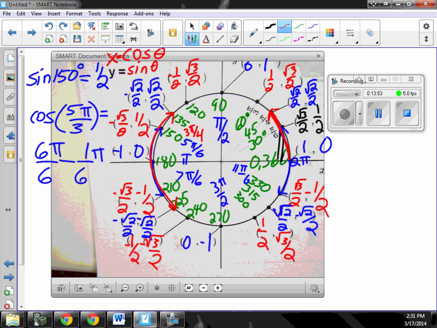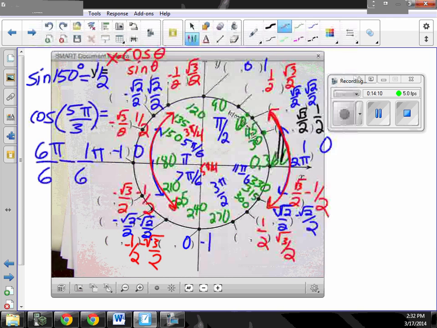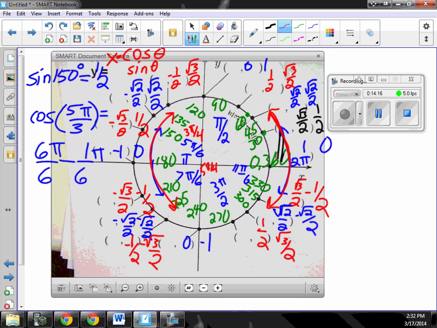So 1 is 4 over 4, plus 1 over 4 would be 5 over 4. 5 pi over 4. And if I took 2 and subtracted 1/4, what would I get? Well, what would 2 be in terms of fourths? 8/4, and if we take 1 away, 7 pi over 4.